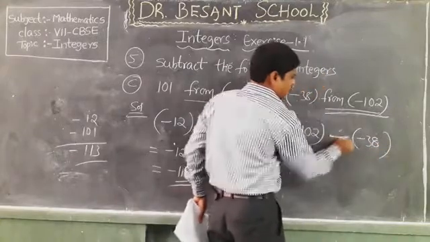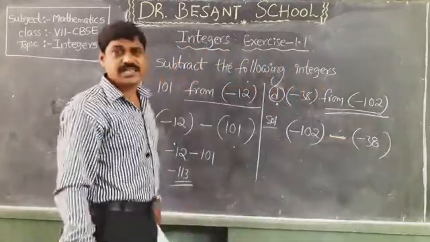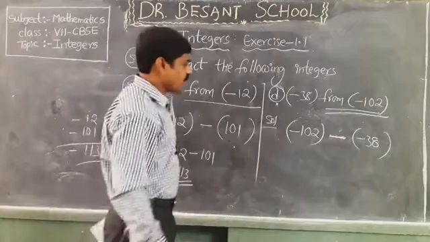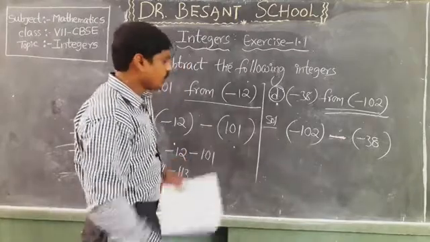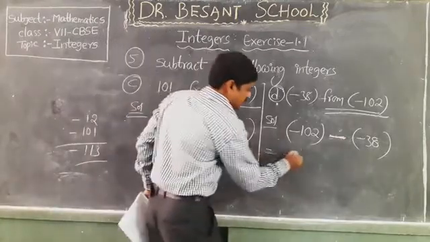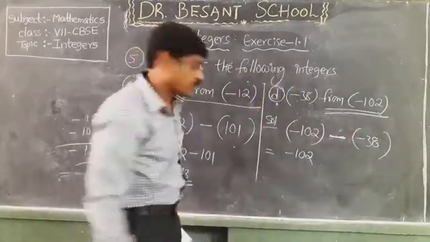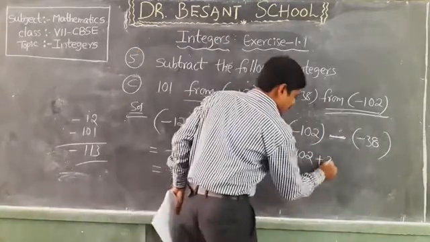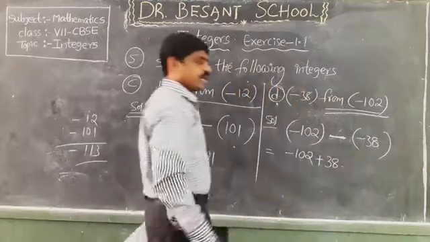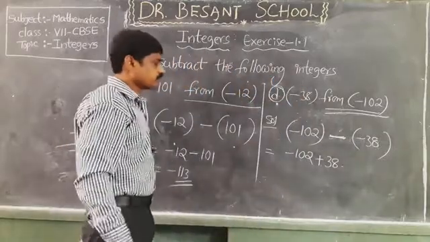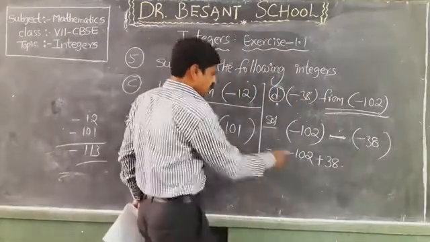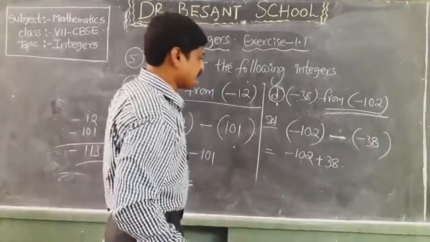So in the middle we have to write the negative, minus symbol. Okay, so minus 102, minus into minus, minus into minus is plus. So plus 38. Now minus 102 plus 38.